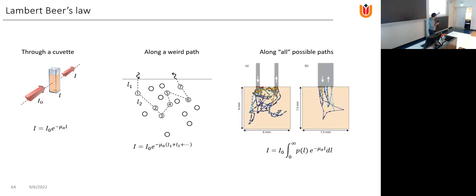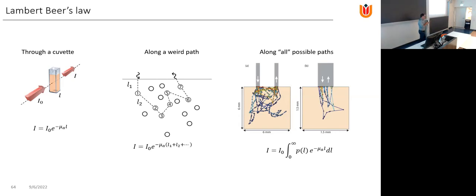We have short paths that go more or less directly, and longer paths that go weird long ways. In the other graph, it is only one fiber that both injects and collects the light, so you also have a lot of differently shaped paths. The point is, you can apply Beer's law along each of these paths. It gets a little bit complicated to write them all like this.